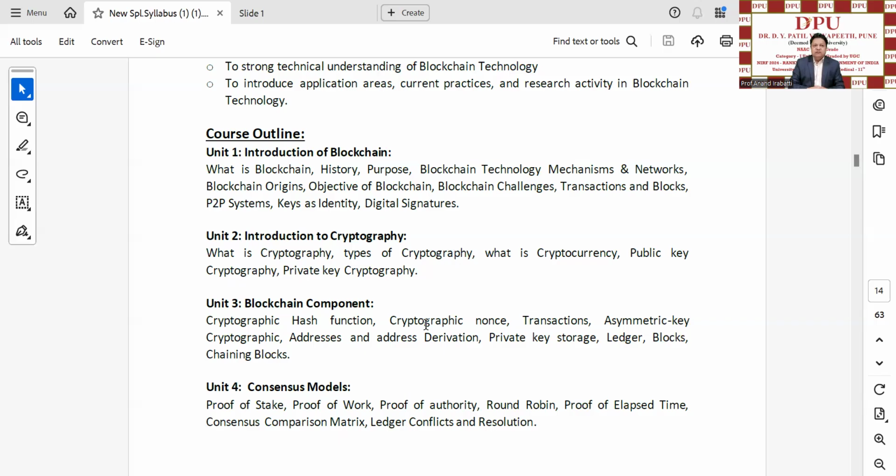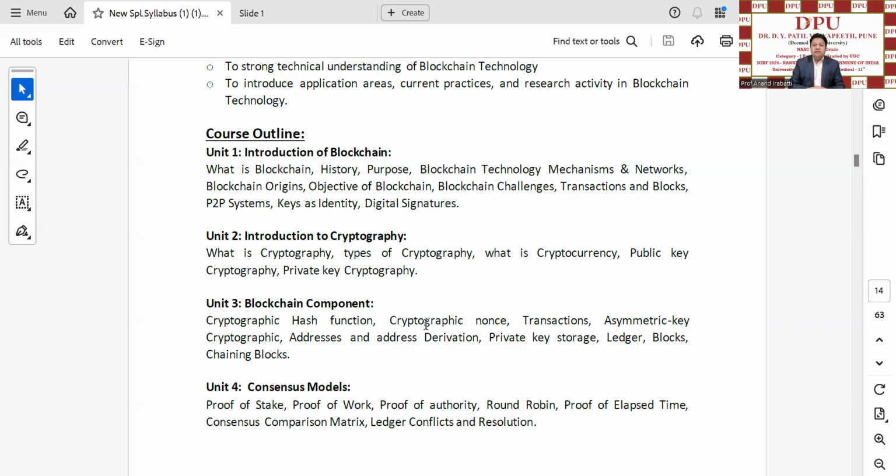So here in the fourth unit, we are going to understand what are the different consensus models that exist. There are different types of consensus models, like it could be proof of stake, it could be proof of work, it could be proof of elapsed time, it could be round robin.